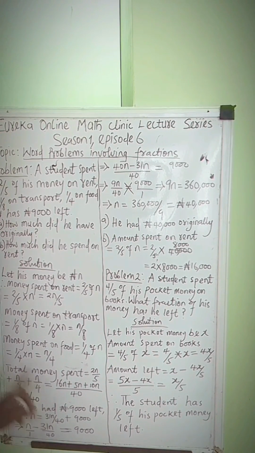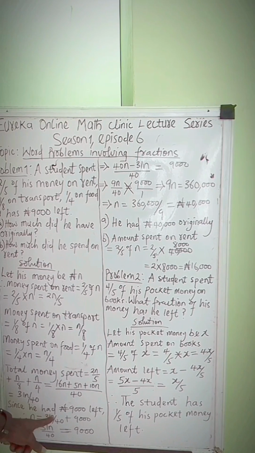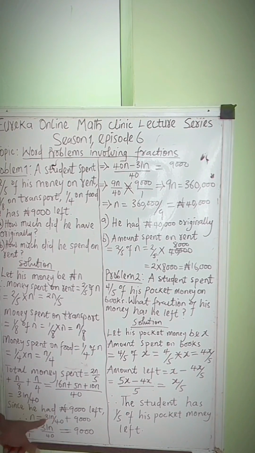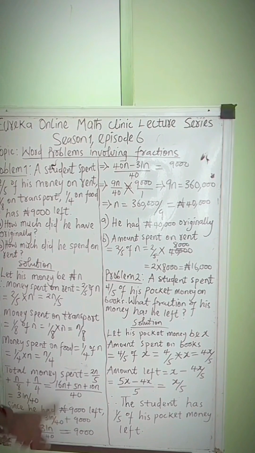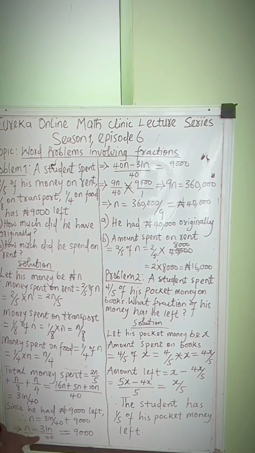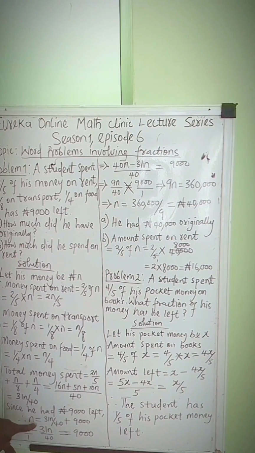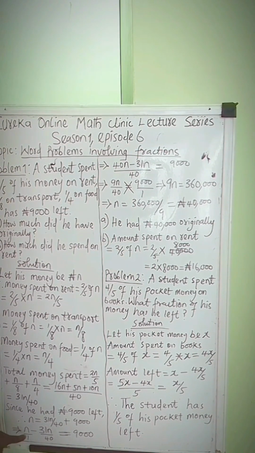If it's moving over, it changes to minus, because it has an invisible plus at the front of this term. So we now have N over 1 minus 31N over 40 equal to 9,000. Remember, for the one that doesn't have a denominator, you assign a common denominator of 1 to it. That was how we got N over 1. So what do we do here?